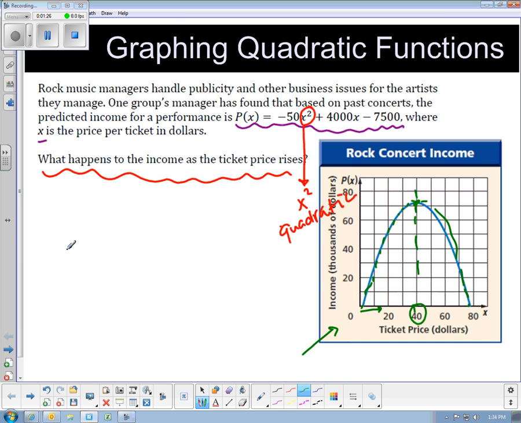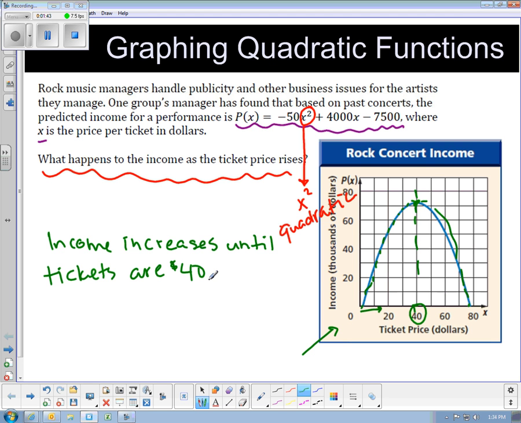So the income increases until the ticket price is $40, then it turns and decreases. We can see that because of the graph of the quadratic function.